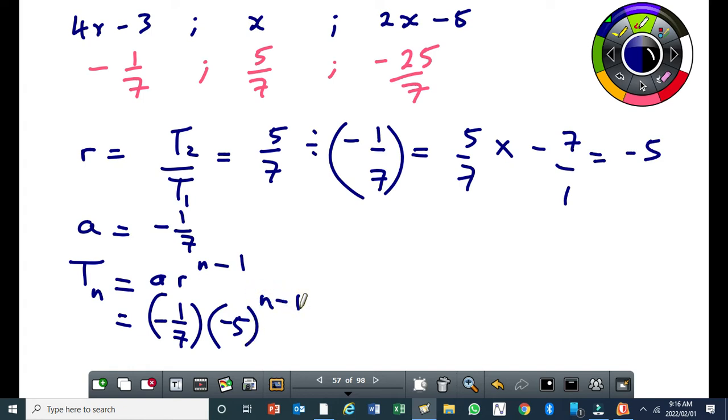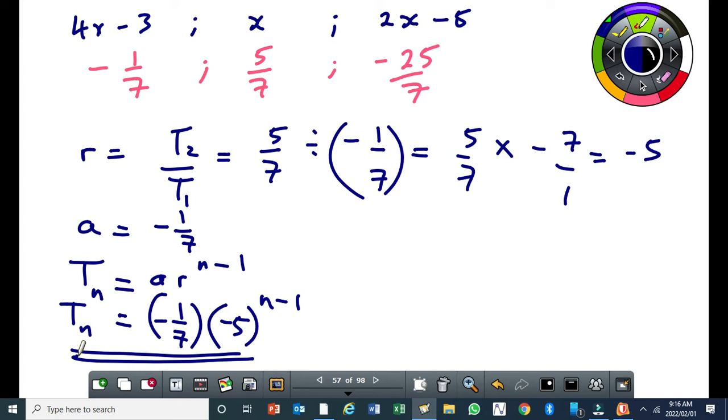I don't encourage you to simplify it further, so you can stop there. That will be your general term for the second sequence, which is also geometric.